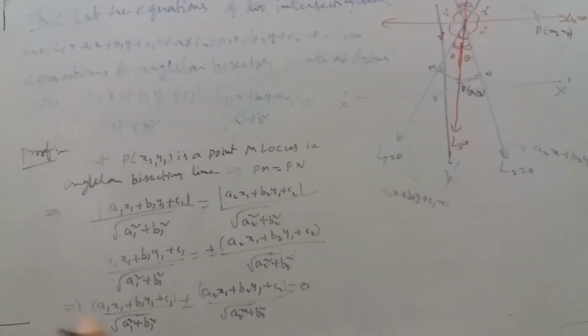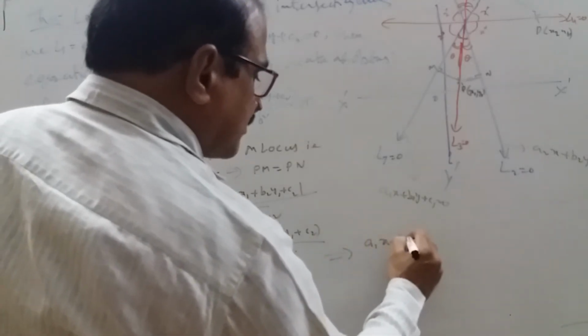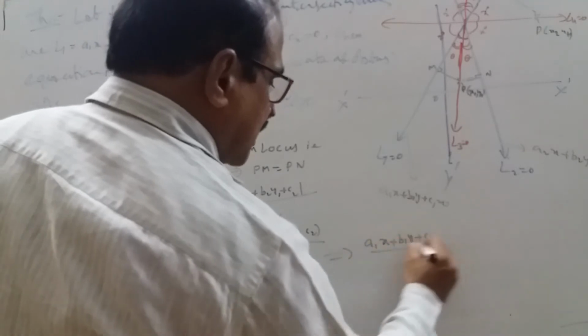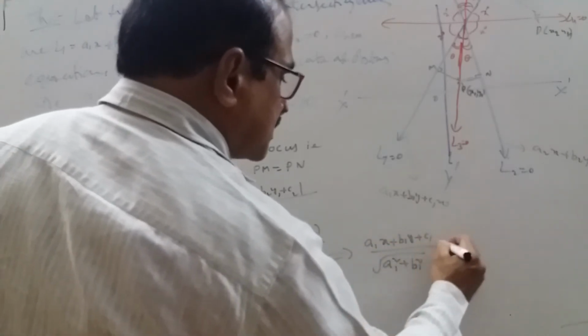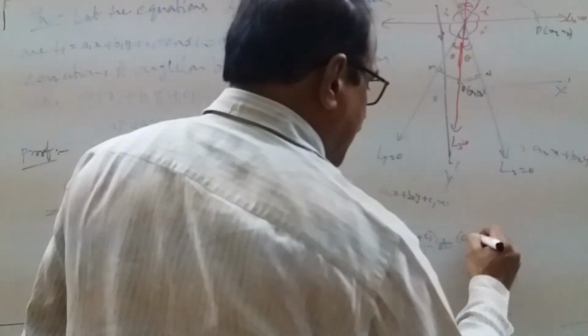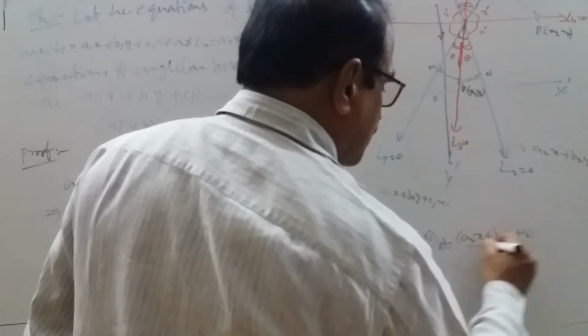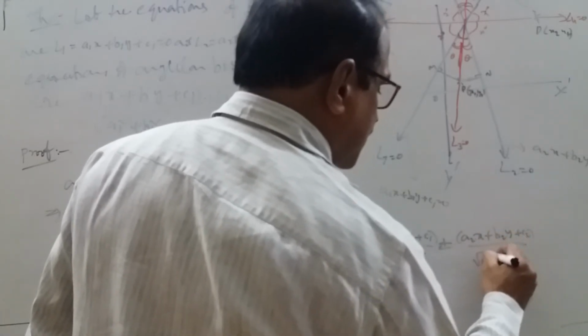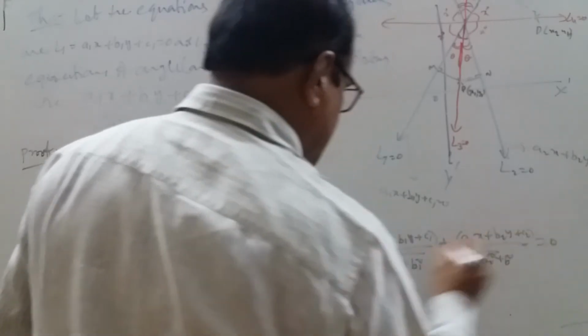That means the locus is a1x plus b1y plus c1 by root of a1 square plus b1 square, plus or minus a2x plus b2y plus c2 by root of a2 square plus b2 square, should be equal to 0.